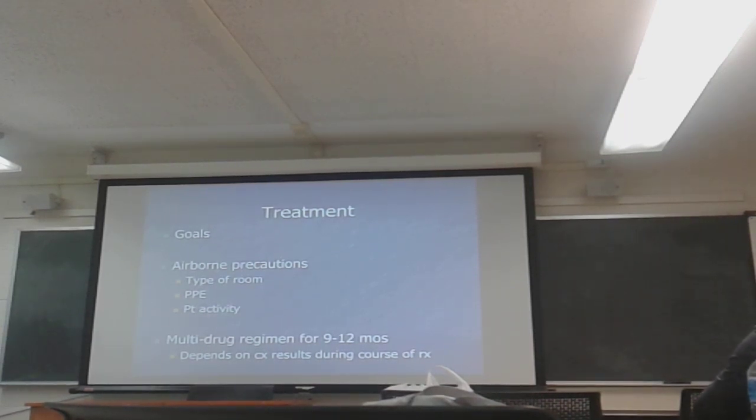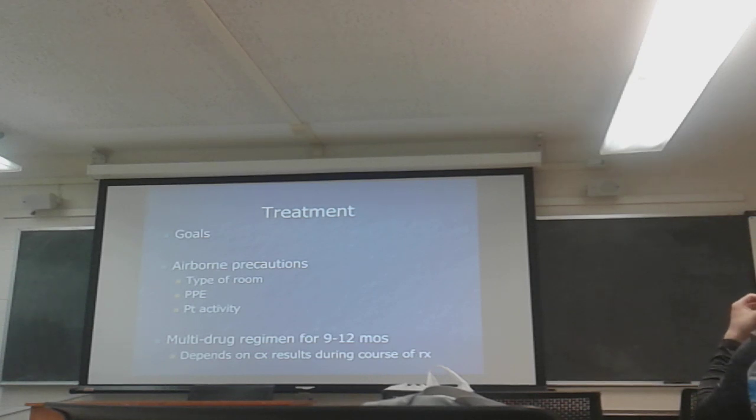What PPE are we wearing? Now we're going to wear that N95 mask. That's why you have to get fit tested. And remember, changes in your weight can change your mask size over time.